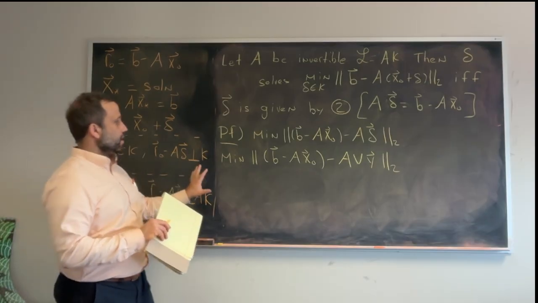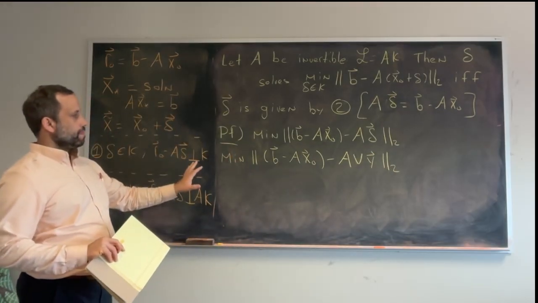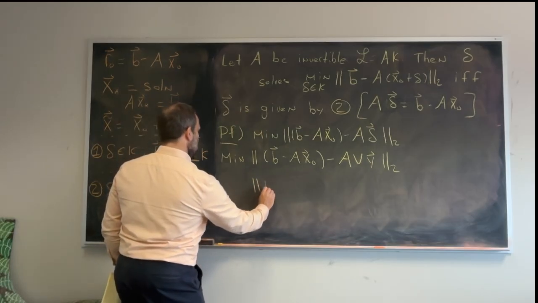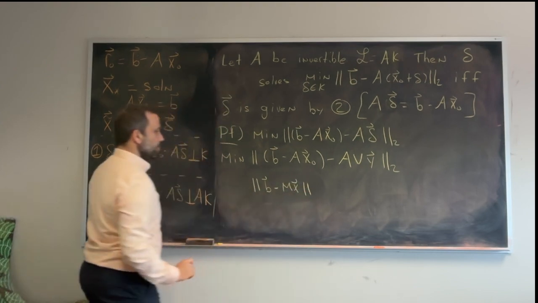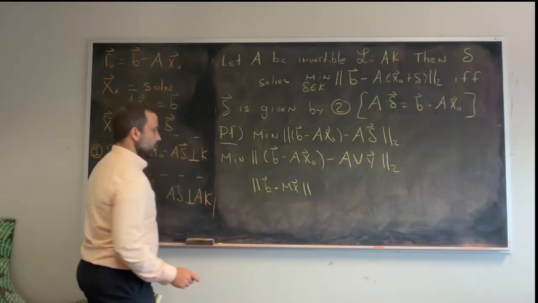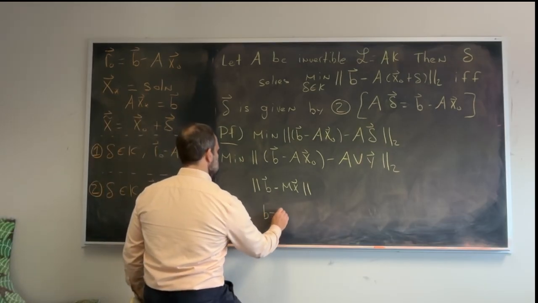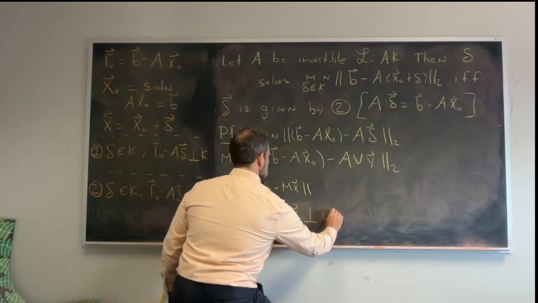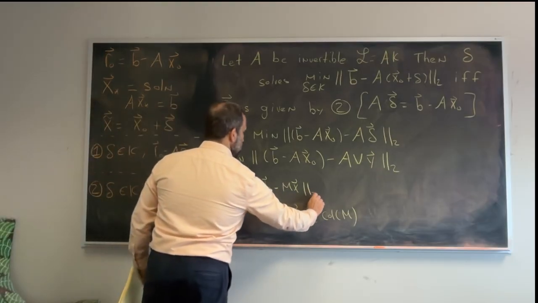Well, how do I find the Y that minimizes this? Remember, if we go back to what we saw before, the vector that minimizes B minus Mx is going to be the vector where B minus Mx is orthogonal to the column space of M, where we're doing all of this in the standard norm.